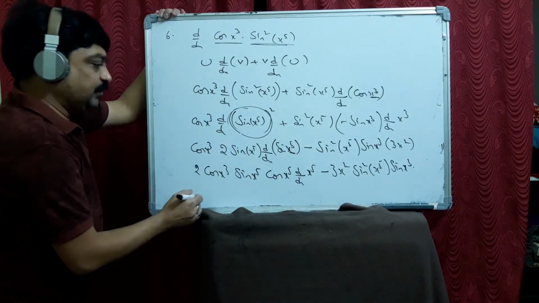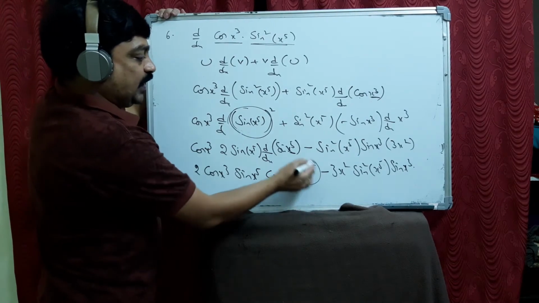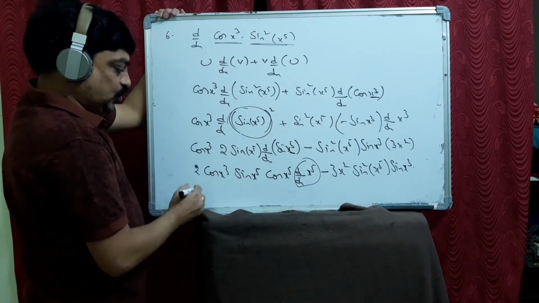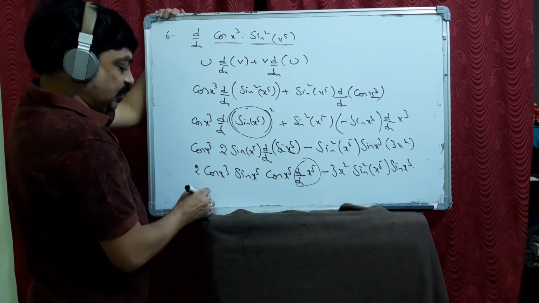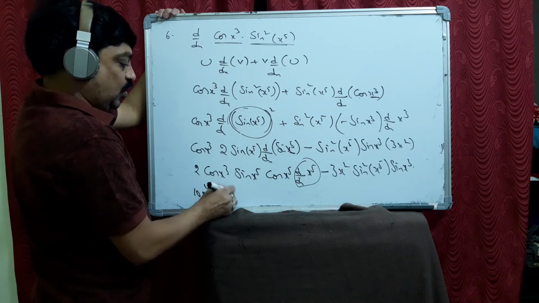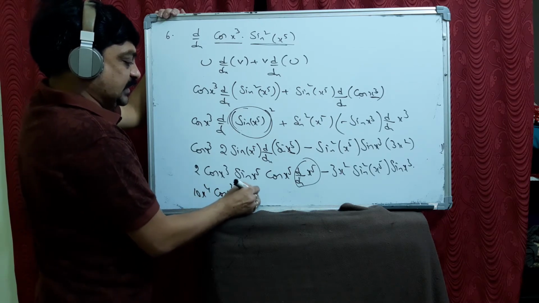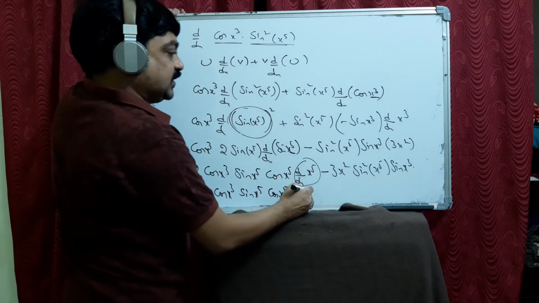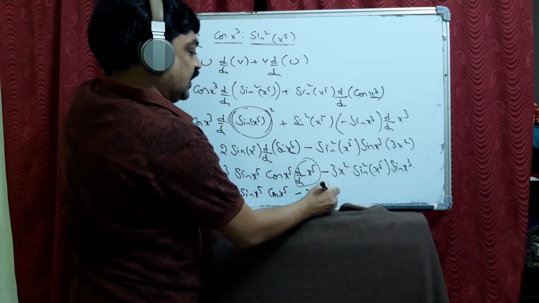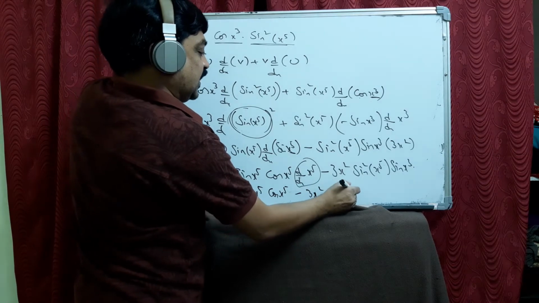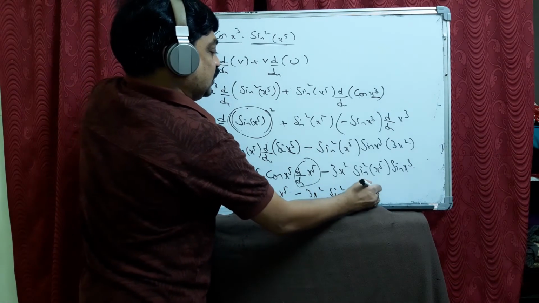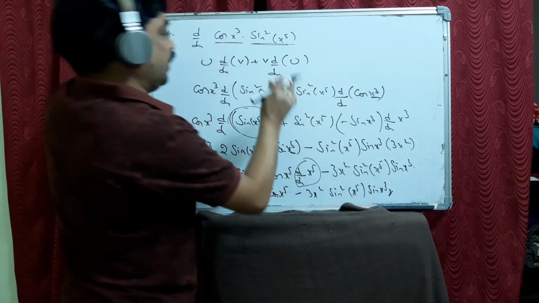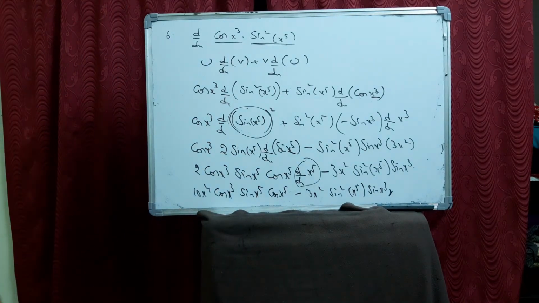Now the last step, the derivative of x power 5 will be 5x power 4 into 2. So it becomes 10x power 4 cos x cube sin x power 5 cos x power 5 minus 3x square sin square x power 5 into sin x cube. We should be very careful when we do these problems.